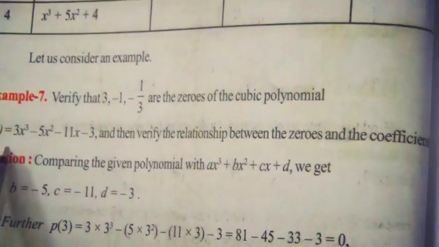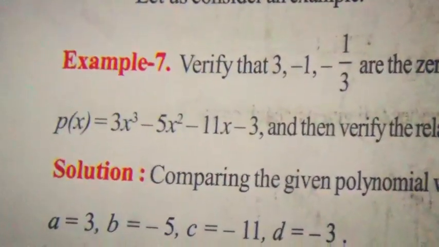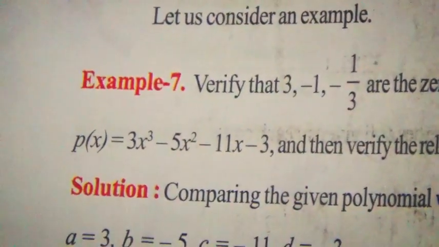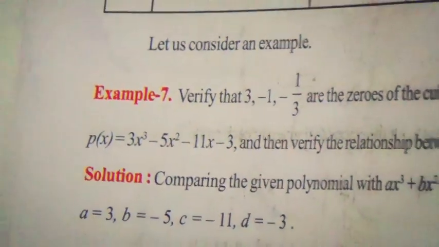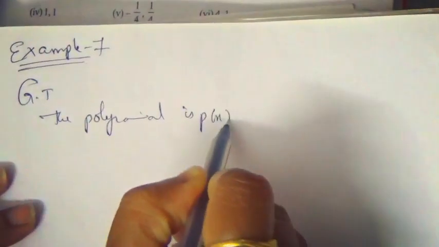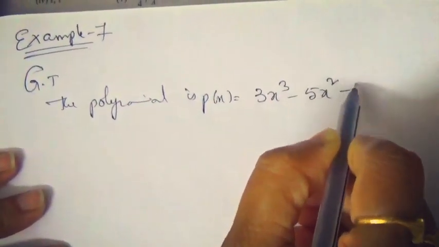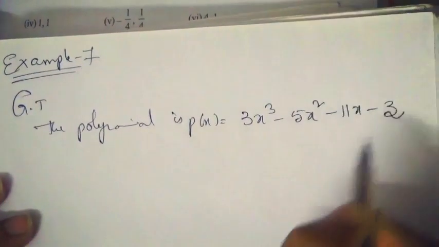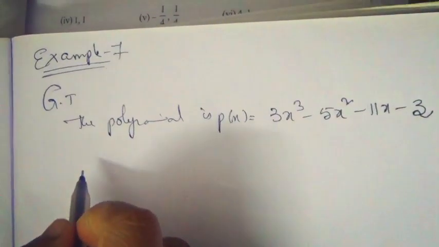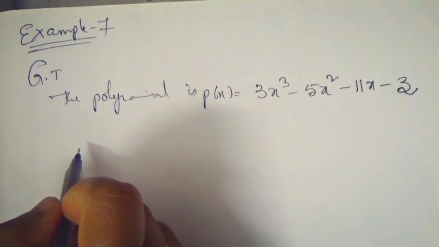So first of all, the given polynomial is p of x equal to 3x cube minus 5x square minus 11x minus 3. And we have to check whether 3, minus 1, minus 1 by 3 are the zeros of the polynomial or not.